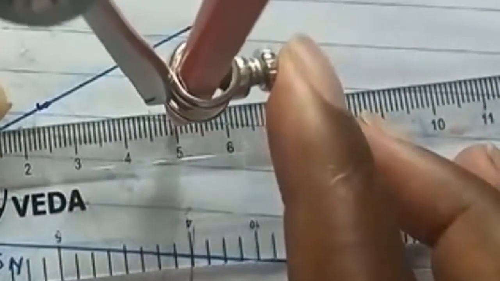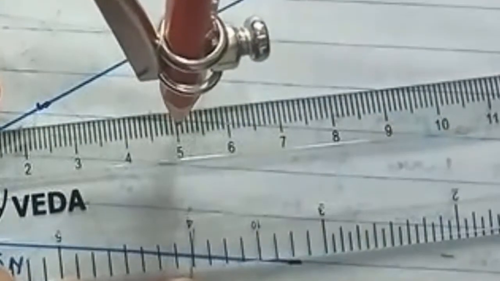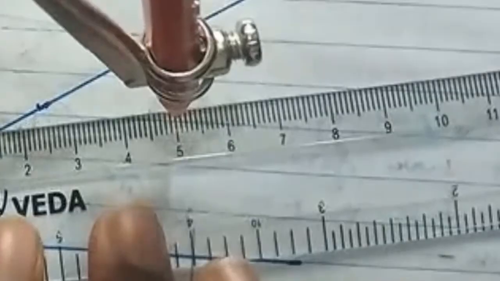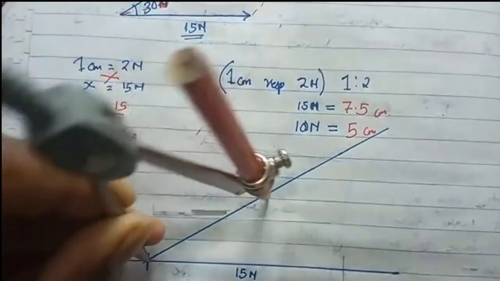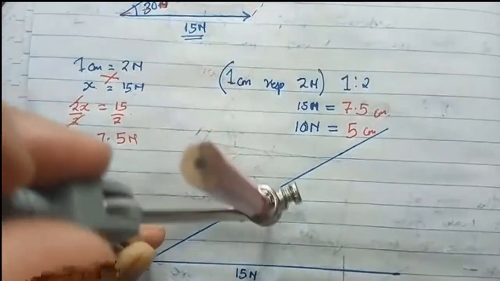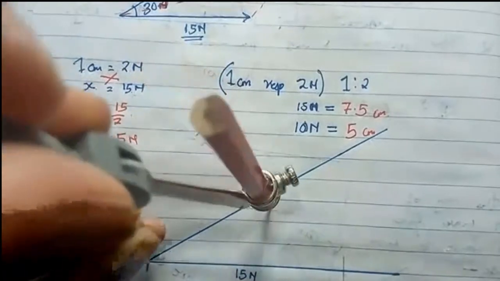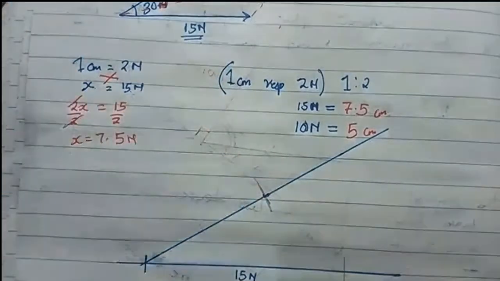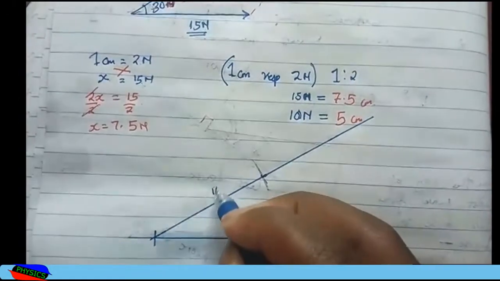So I'll move it up till where 5 is. You can see I'm pointing at 5. Then I'll transfer that with my compass to be exactly at that point. So I've made my 10 newtons here.